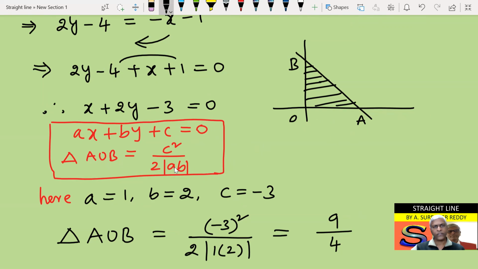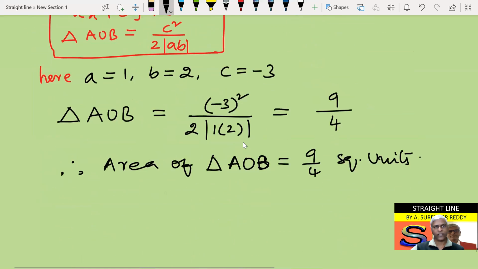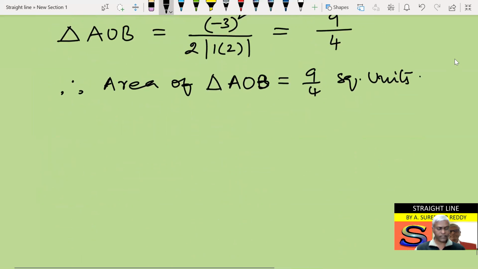Otherwise, directly you can use this form. This is also almost the same. If you convert this into intercepts, minus A by C and minus B by C will be the intercepts. So you will get this formula. If you remember this, you can use it directly, C square by 2AB. So there are two methods to find the area of the triangle.